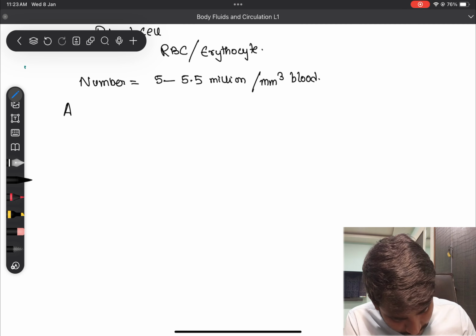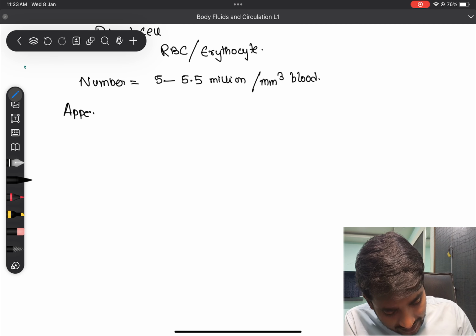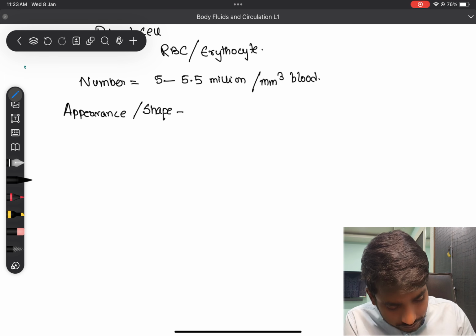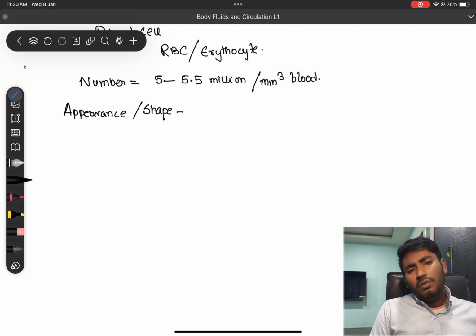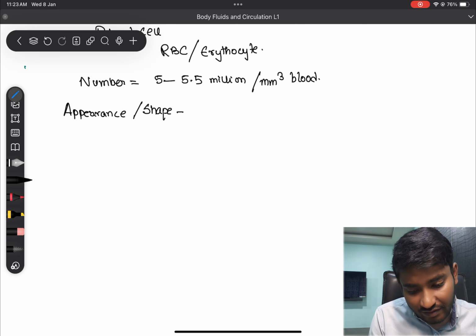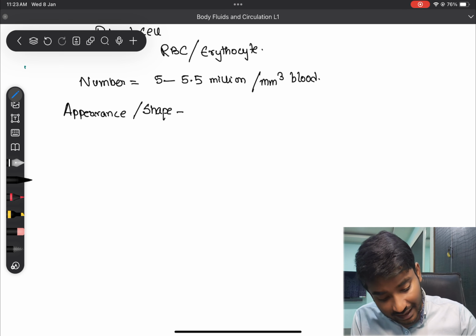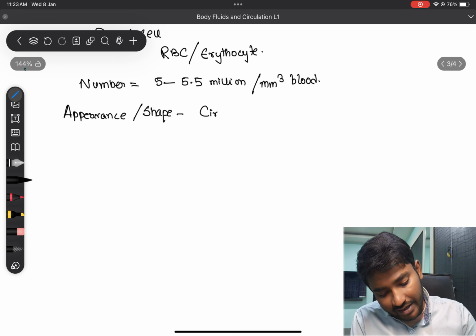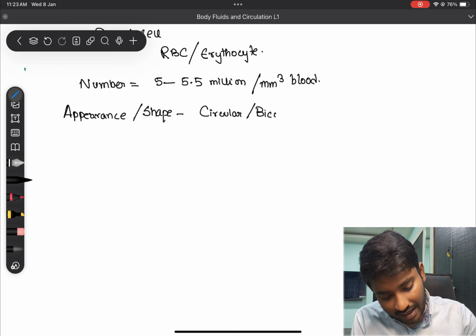Okay. So appearance and shape. Human RBC is biconcave in shape, and circular.